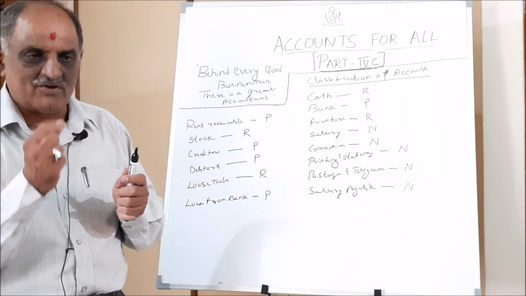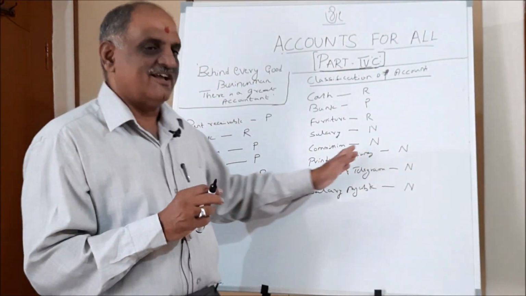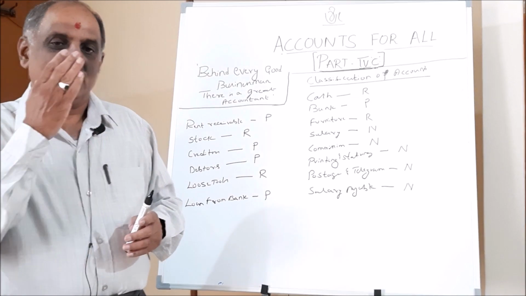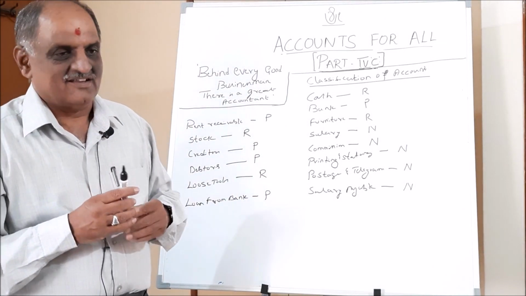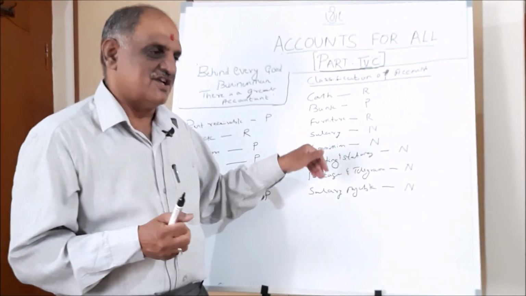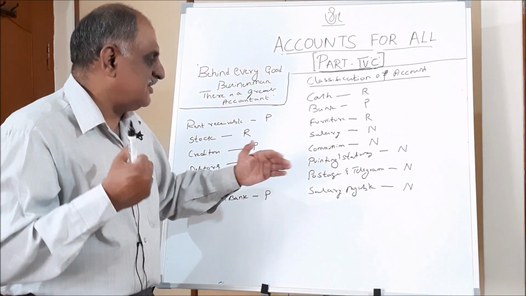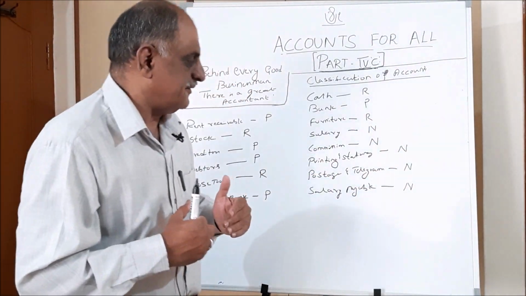Once you take that postage and use it, there ends the matter. You may say we don't have telegrams now, it has been closed, but it is a word which has been used for a long time, so I have mentioned it. Let us recall our history. Postage and telegram is a nominal account.